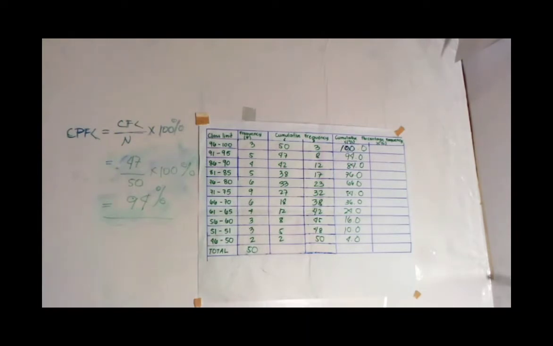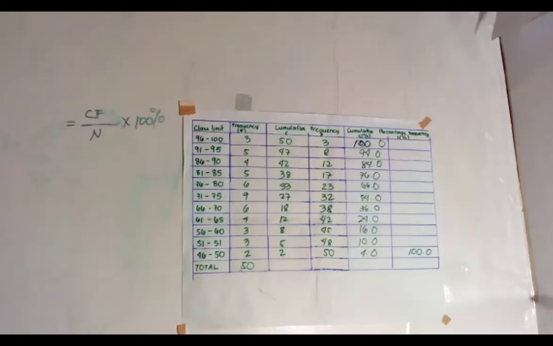And now we will proceed to the cumulative percentage frequency greater than percent. They are the same process, but for the cumulative percentage frequency greater than, we will start below. Okay.